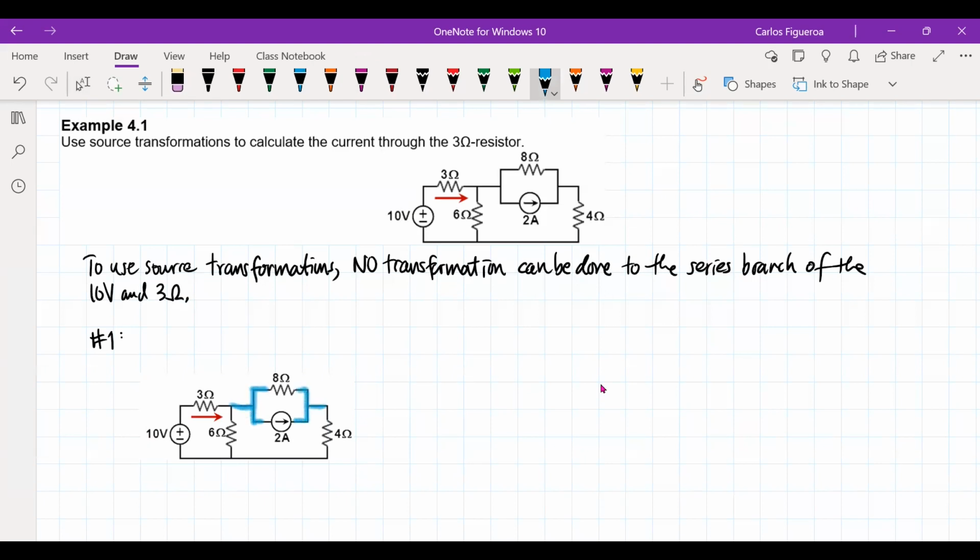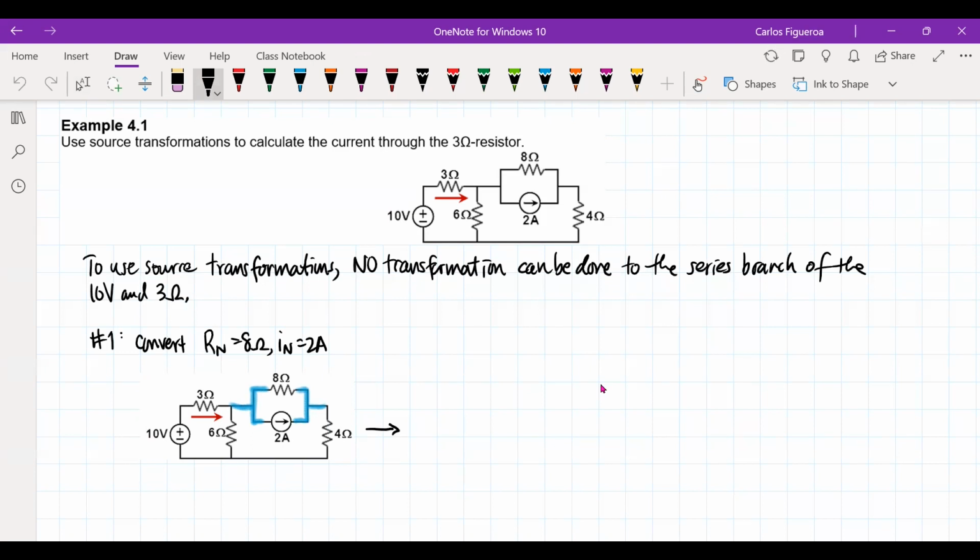My first transformation is to convert my Rn, which is the 8 ohm, and my In, which is 2 amps, into a series 16 volt and 8 ohm.